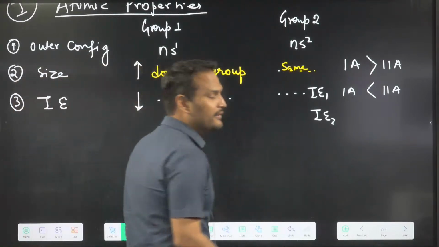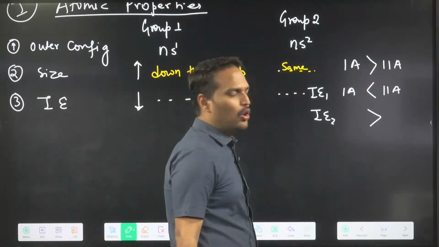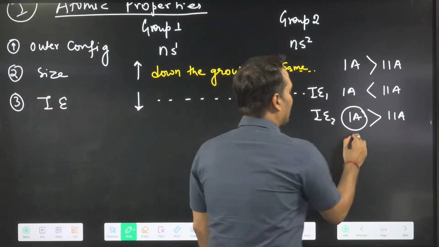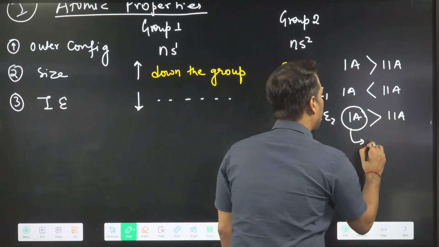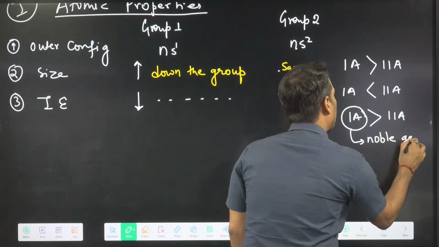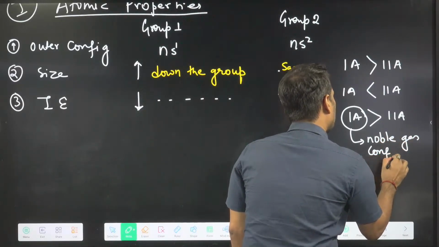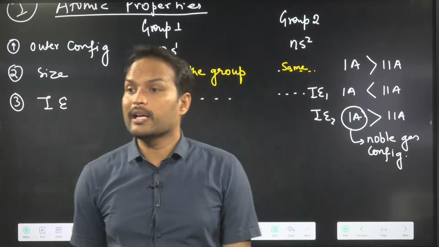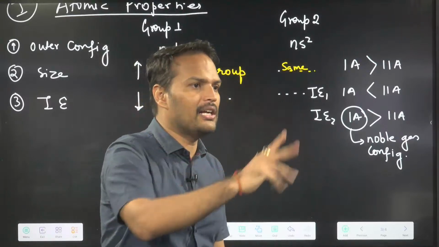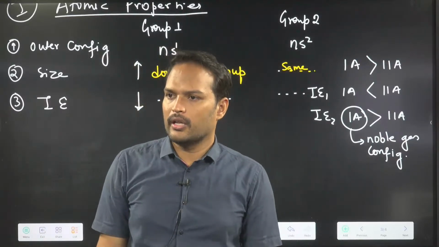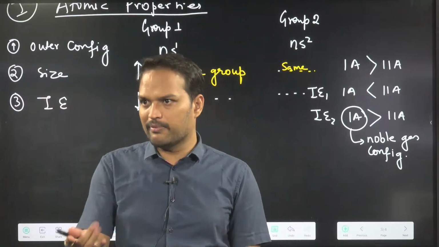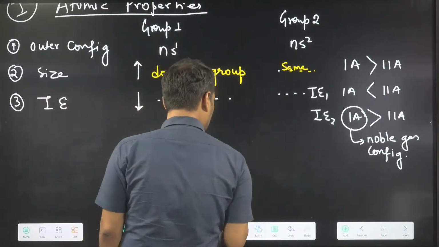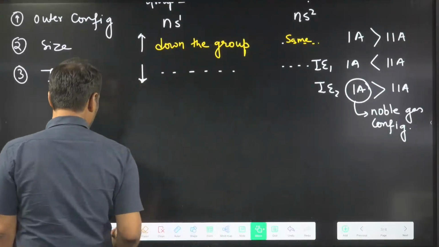The order is different, because we know that after removing one electron, alkali metal attains noble gas configuration. You remember Na plus is a noble gas configuration. It is very difficult to remove the electron. You will tell it to leave, and it will say give me 5,000. So like this. All these things we have studied. You have to just revise.